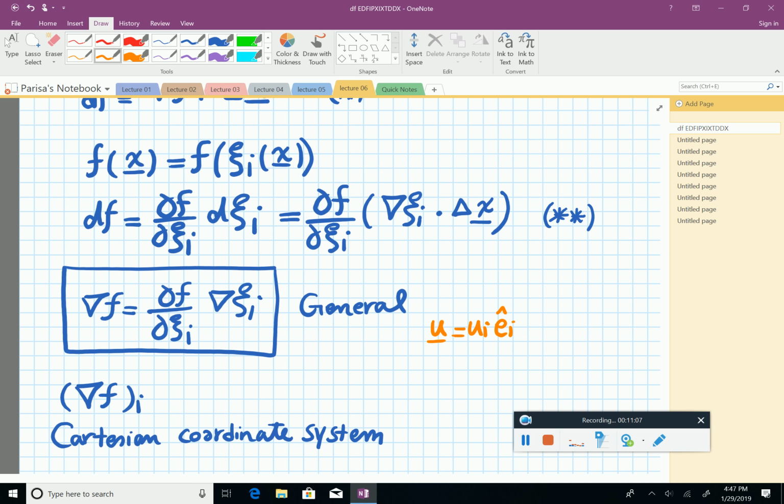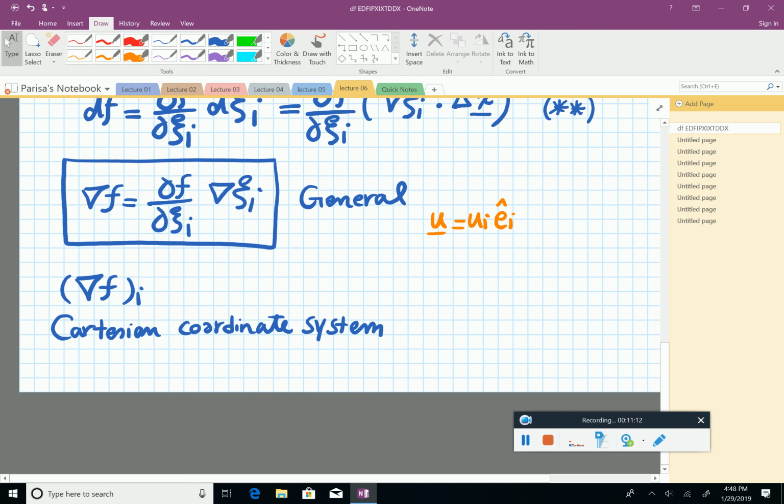Those coefficients are the components. So now, if I ask you this question again, I hope everyone sees that the component of gradient is nothing else but the partial derivative with respect to the coordinate i. And this is what John said earlier. Yes?